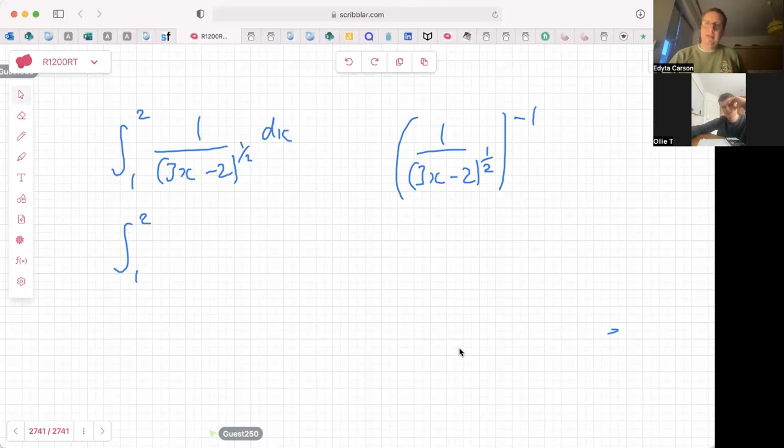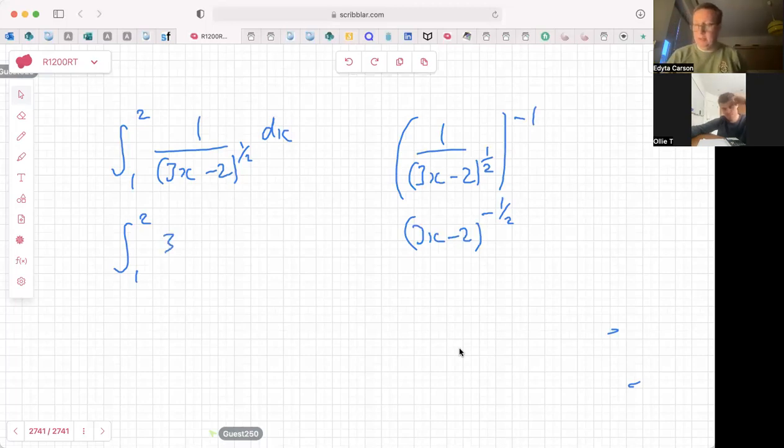Okay. What do brackets mean? Multiply. Right. So 1 to -1 is 1. That won't do anything. And that makes 3x minus 2 to -1/2, because -1 times 1/2 is -1/2. So that's it really, just write it like that.